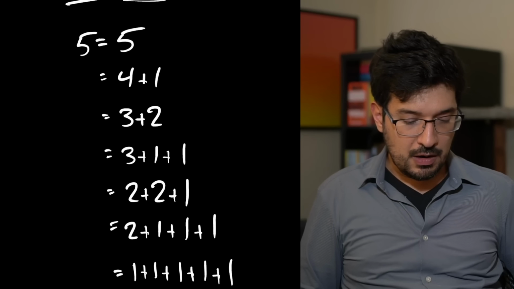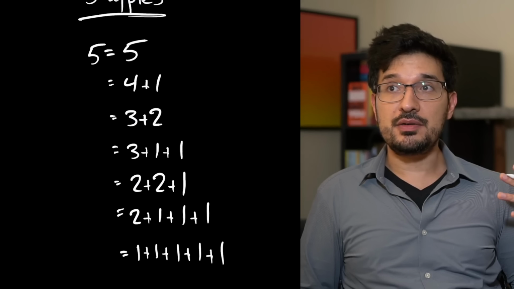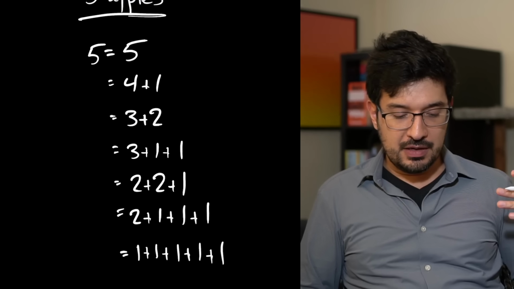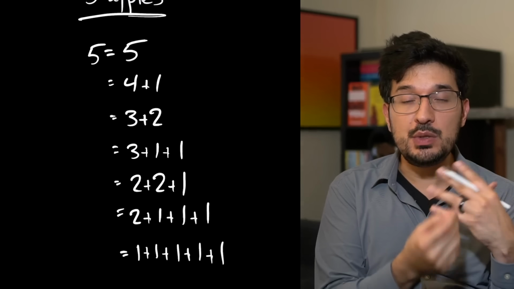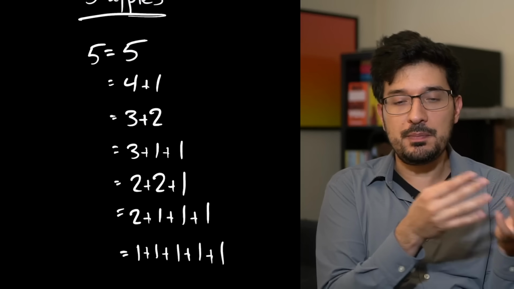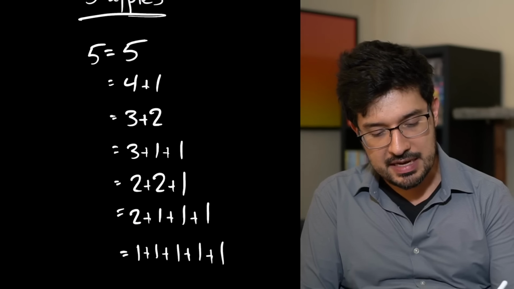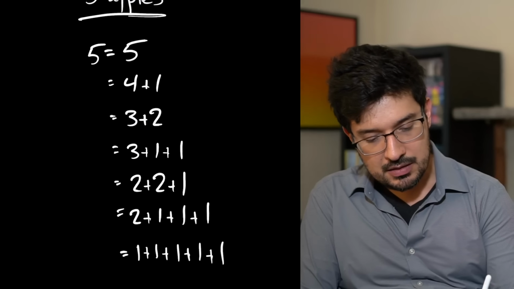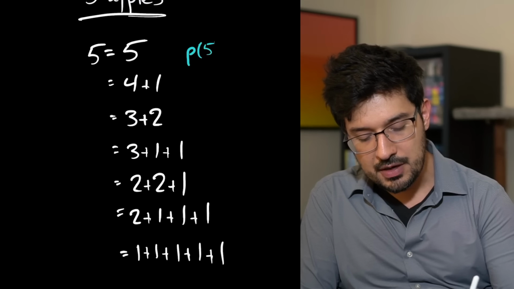So these are all of the ways to add positive numbers to equal 5, up to reordering, up to commutativity. If we consider 4 plus 1 is the same as 1 plus 4, here's an example. There are 7 partitions of the number 5.